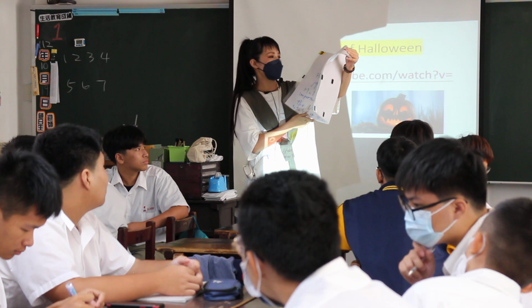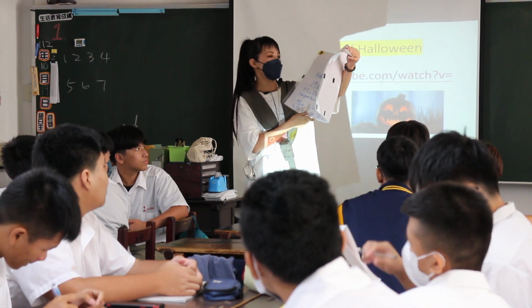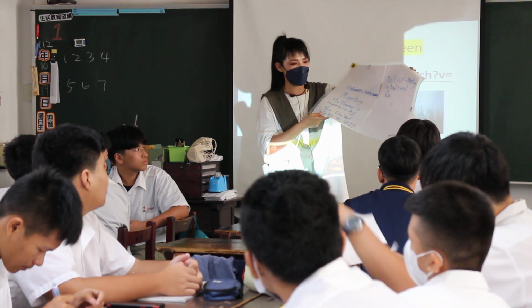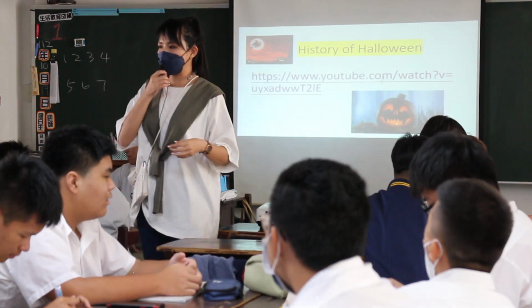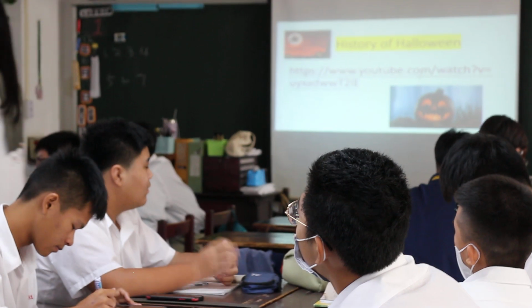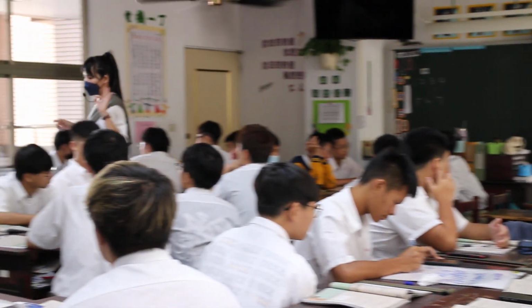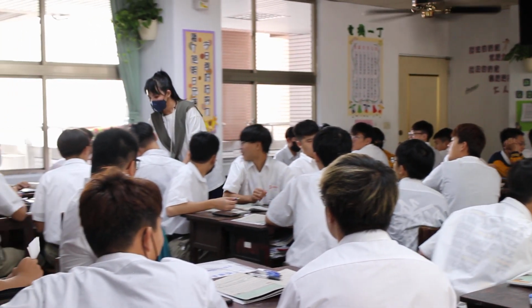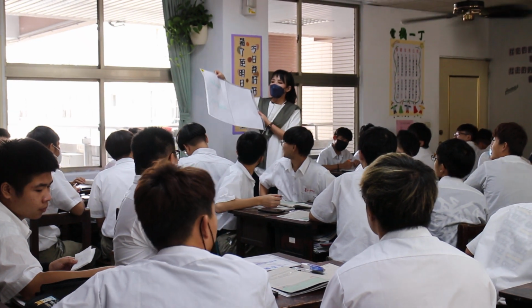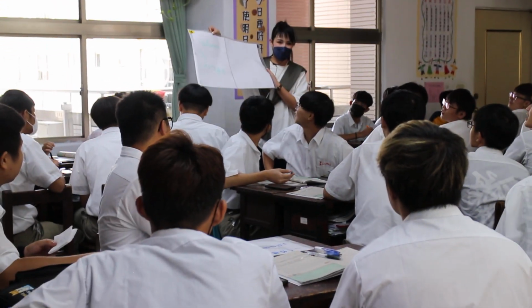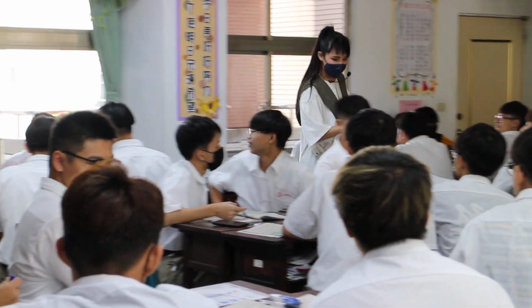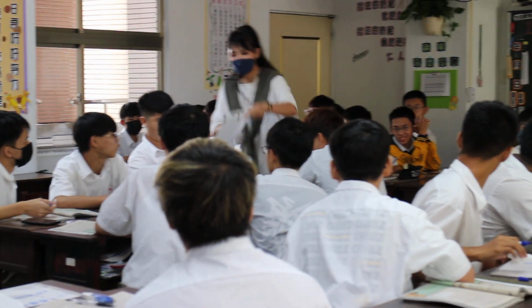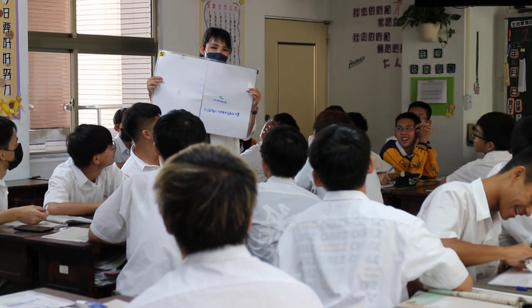Trick or treating is traditional for kids. Very good. Thank you for your answer. Okay, erase your answer. So far, group 3 has the best answer. October 31st, Halloween. Okay, thank you.